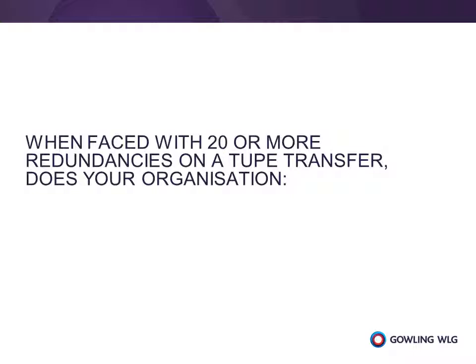Collectively consult and dismiss the employees after the transfer? The third option is to use this pre-transfer collective consultation process but still dismiss the employees after the transfer, or some other mechanism and process that you use.